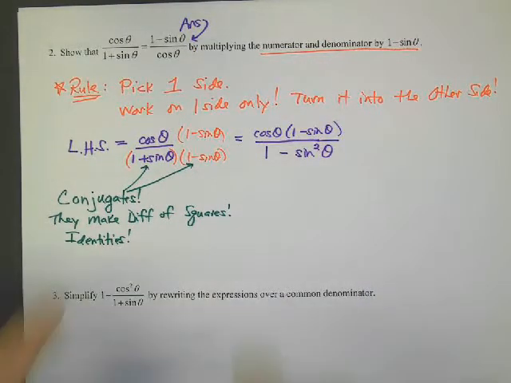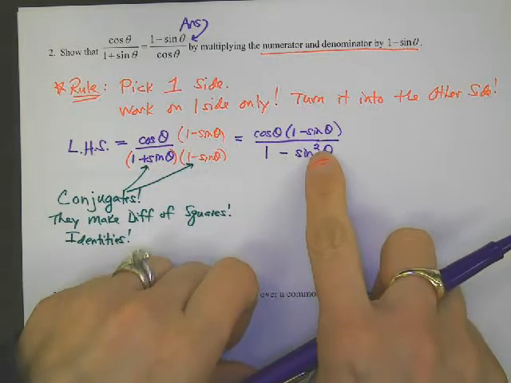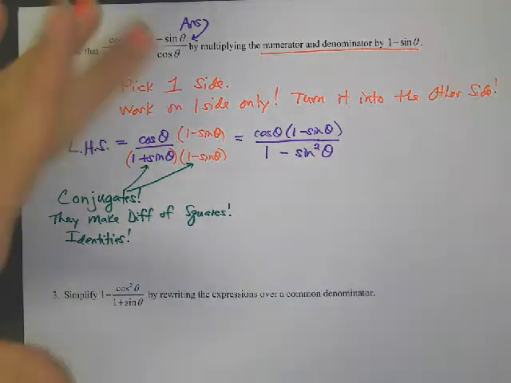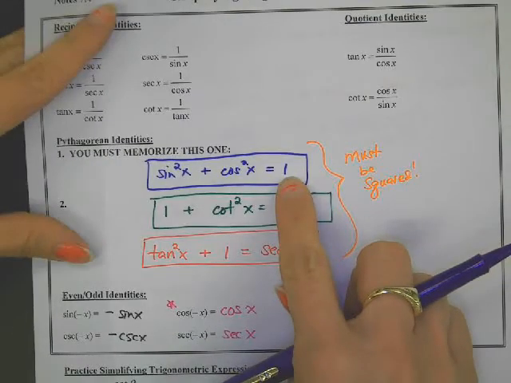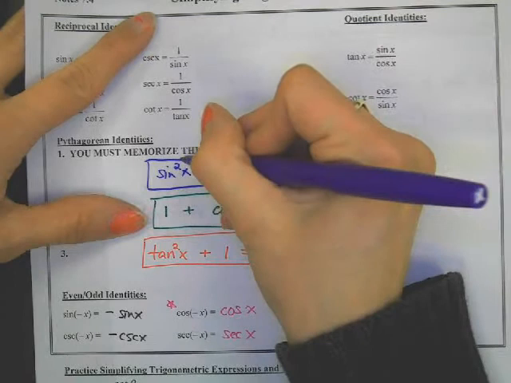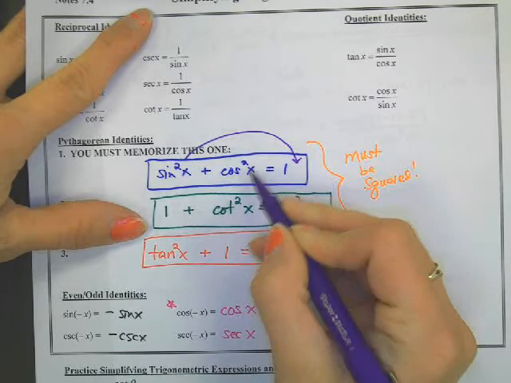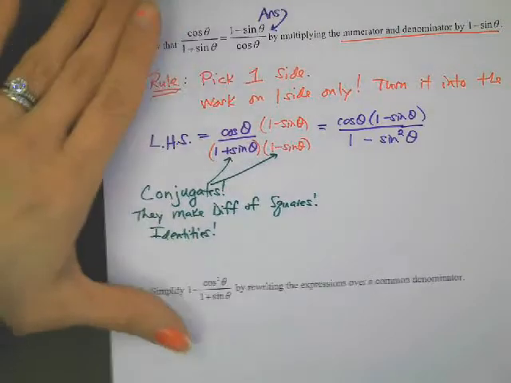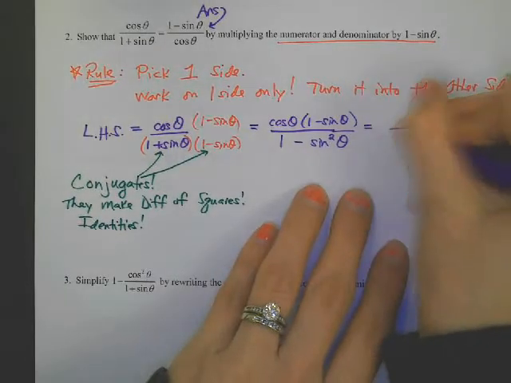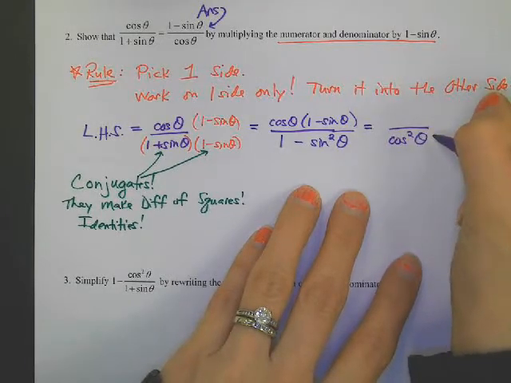So conjugates make difference of squares, and now that you have something squared, we can go back to the previous page, except it's a little bit rearranged. 1 minus sine squared would equal cosine squared. So the denominator, let's take that out and replace it with cosine squared of theta.